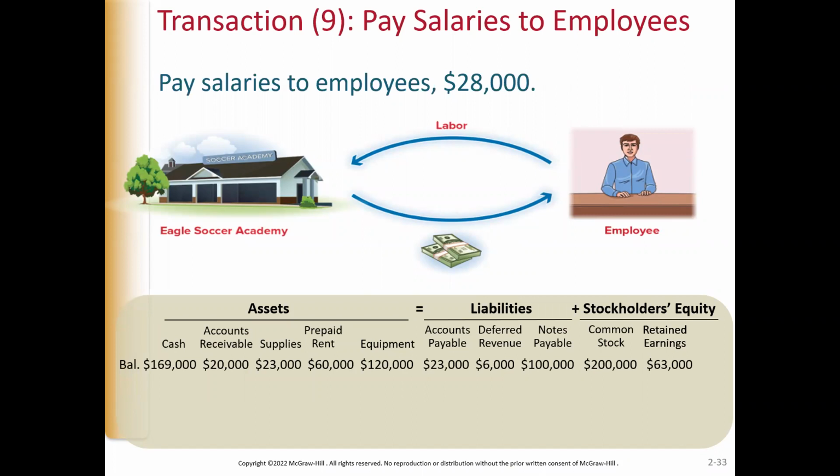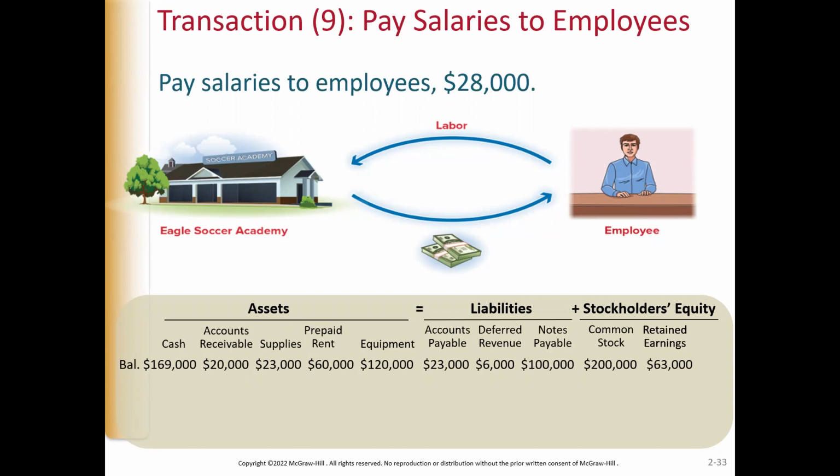Now we pay salaries to employees for $28,000. Can anyone tell me an account that's going to be decreased? Anyone? Would it be either salaries payable or cash, depending on how you pay them? So correct.